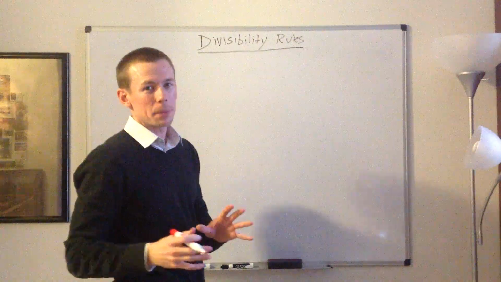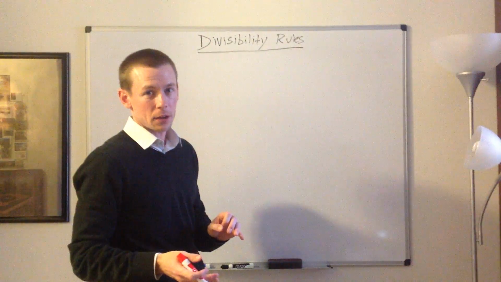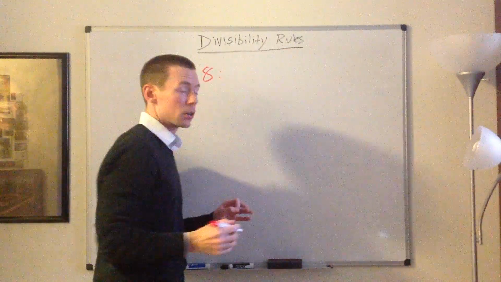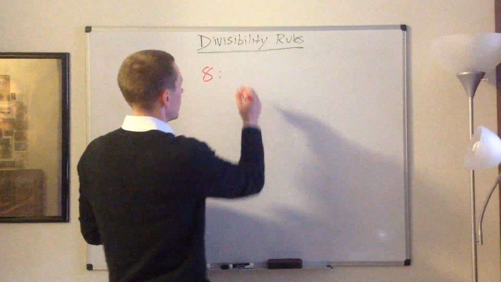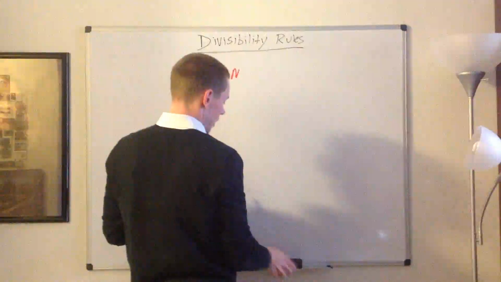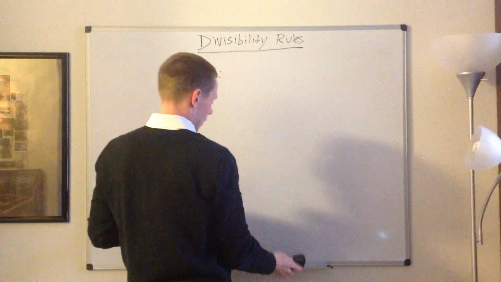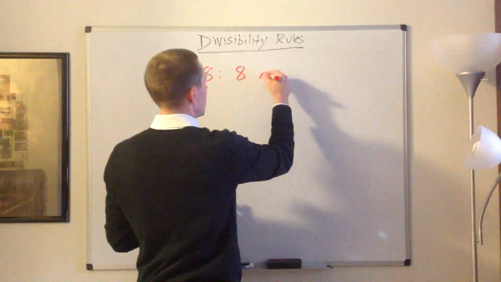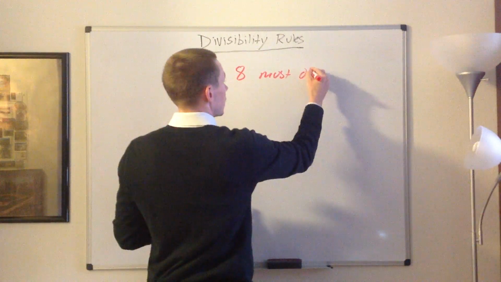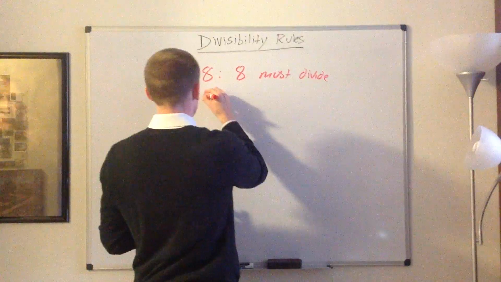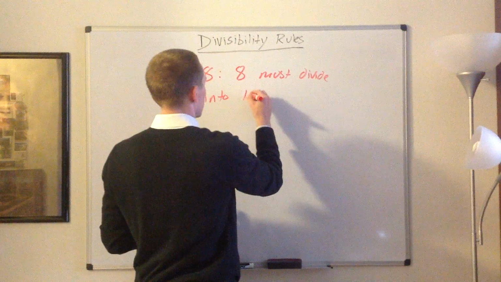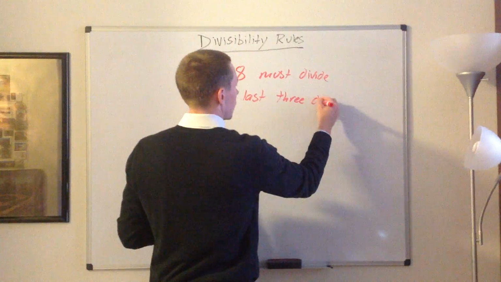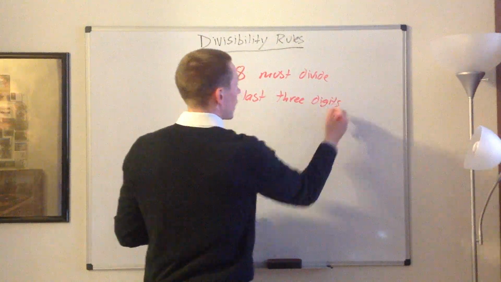Seven's a little too complicated. It's just easier to check the calculator. For 8 is similar to 4, except that the last 3 digits are what we're looking for. So 8 must divide into the last 3 digits.